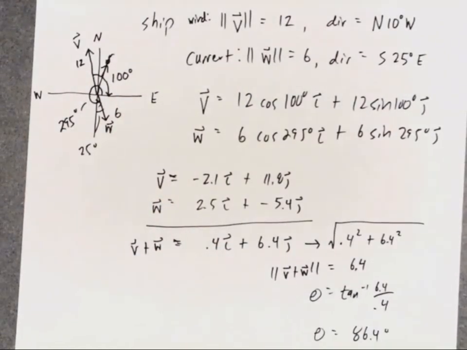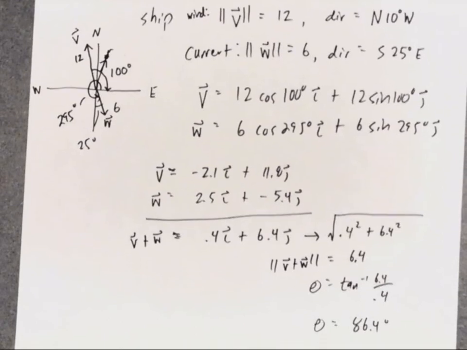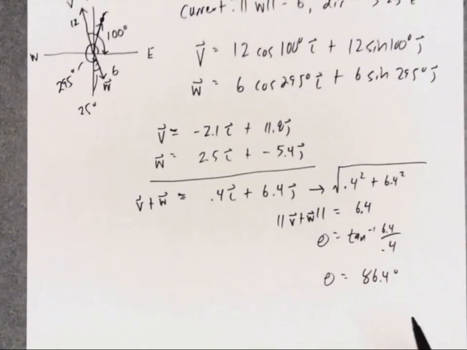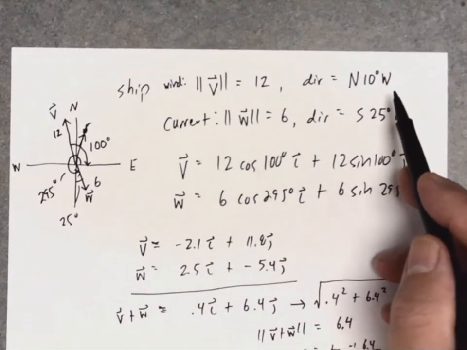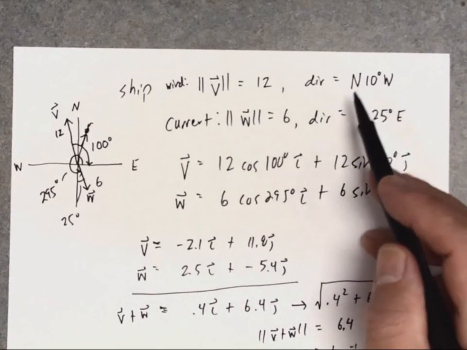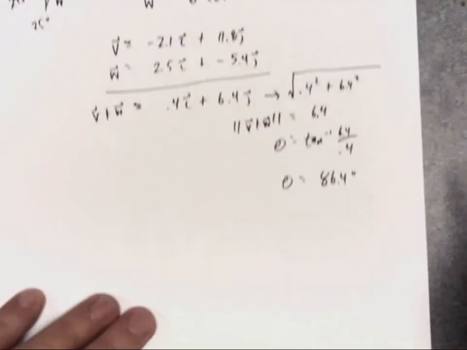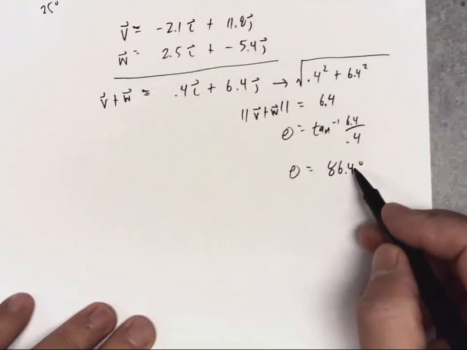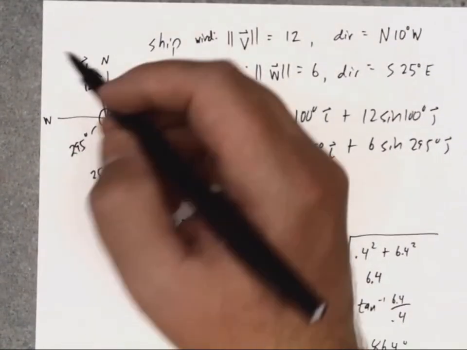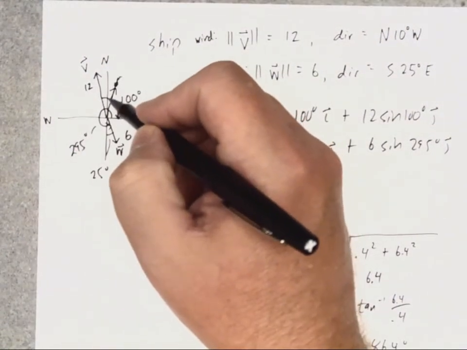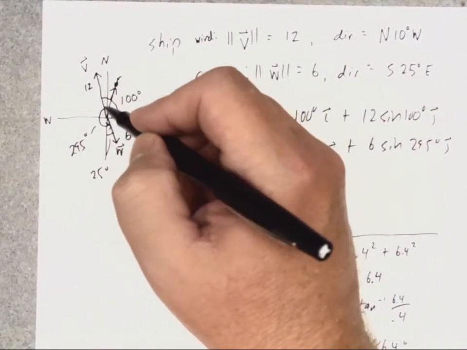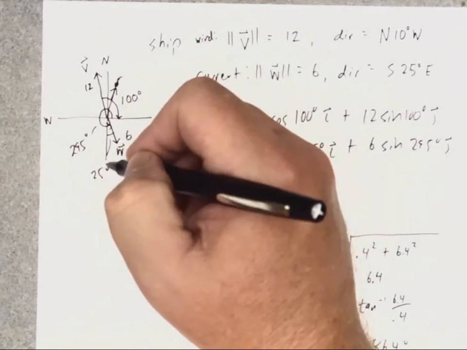But we're not done. I almost acted like we were done. Because the original problem, the direction was given with these north, west, east, and south. I need to convert that. So if I look at this, I know 86.4 is right here. These directions, you always start with either north or south.